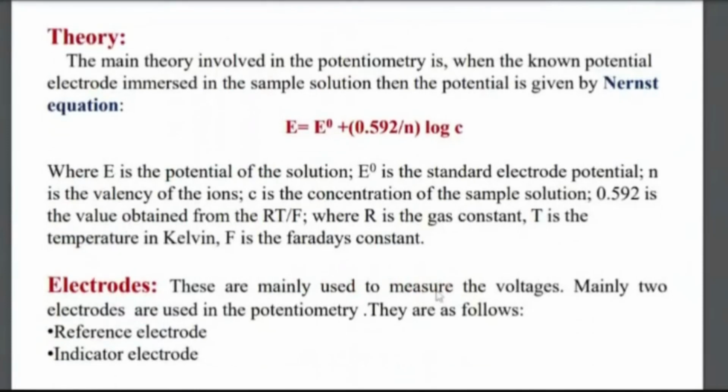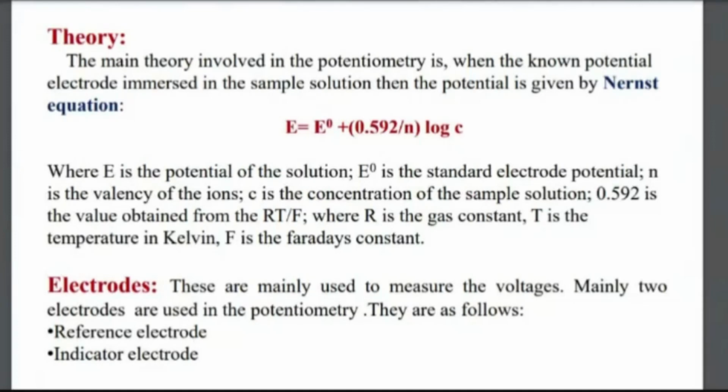Now, the theory behind this method. The main theory involved in potentiometry is when a known potential electrode, now listen to the words carefully, a known potential electrode, the electrode with known potential, is immersed in the sample solution, the potential is given by the Nernst equation.